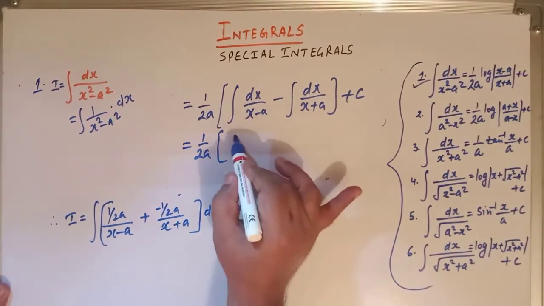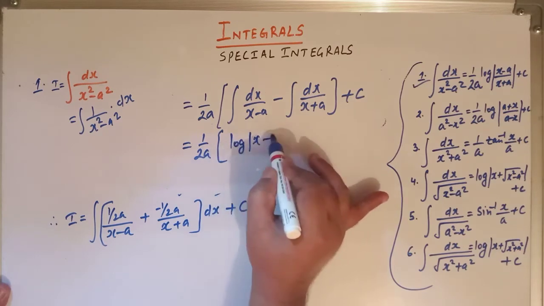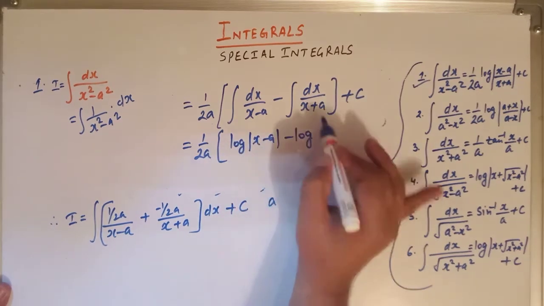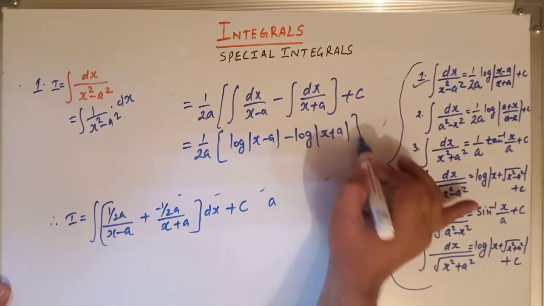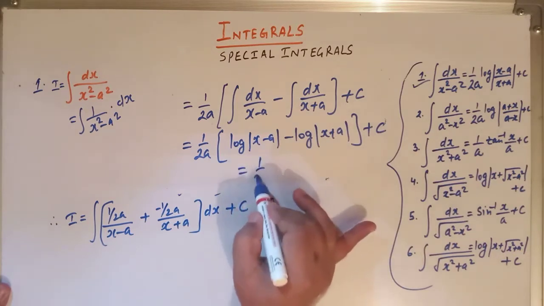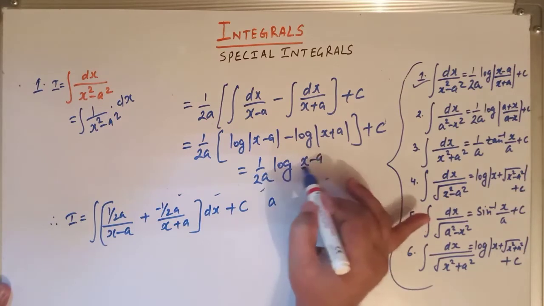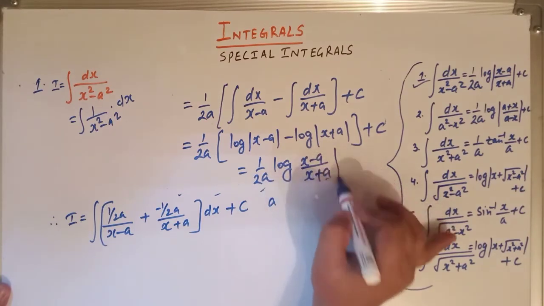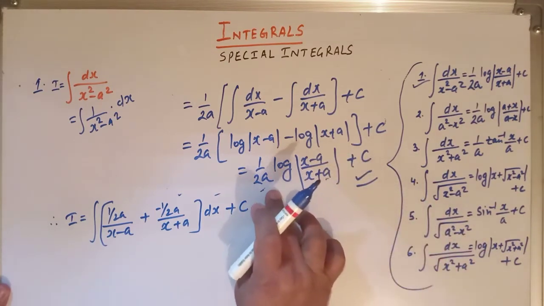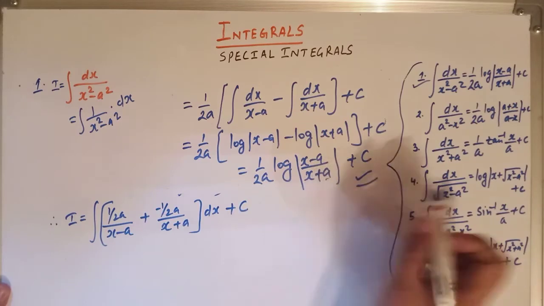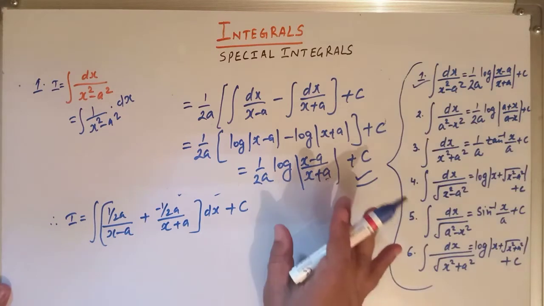Integral of 1 over x minus a is log of x minus a. This is minus log of x plus a, plus c, and we have 1 over 2a times log of (x minus a) divided by (x plus a) plus c. So here this is the required integral of 1 over x square minus a square. Clear?